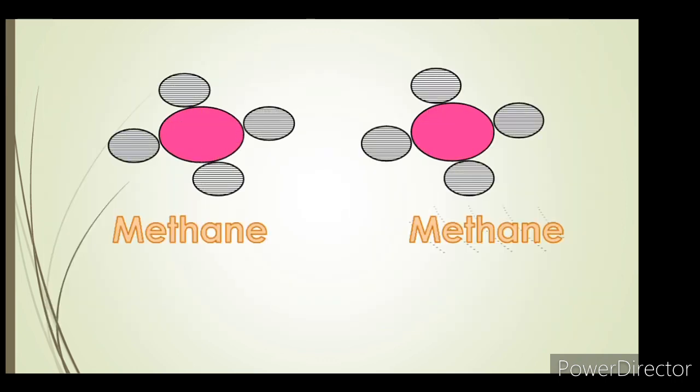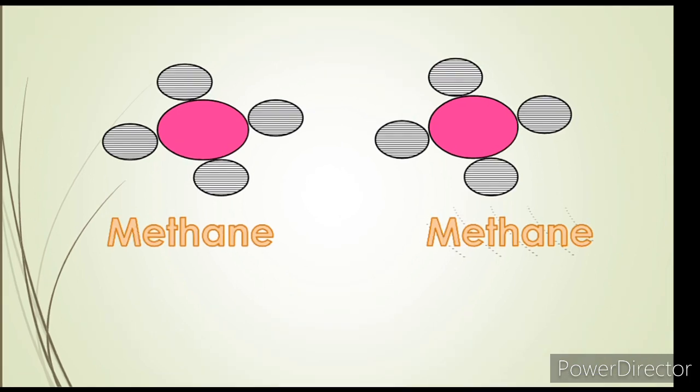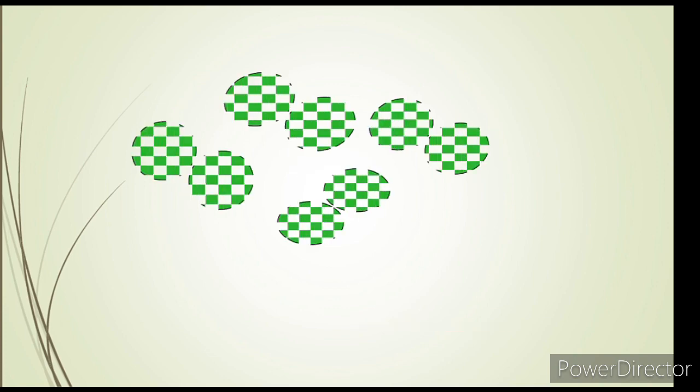Next one, number 4, we have methane. Obviously, this is a compound. Number 5, this is an element. Number 6, this is an element because it has only one color, signifying one element.